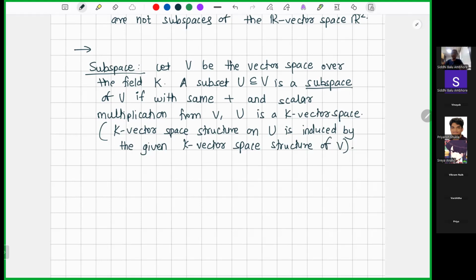But when we say something is a subspace of the given vector space V, we look at the same addition and scalar multiplication, and it itself should satisfy all the vector space properties.